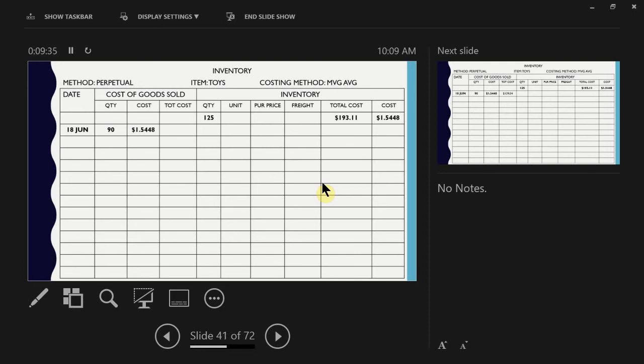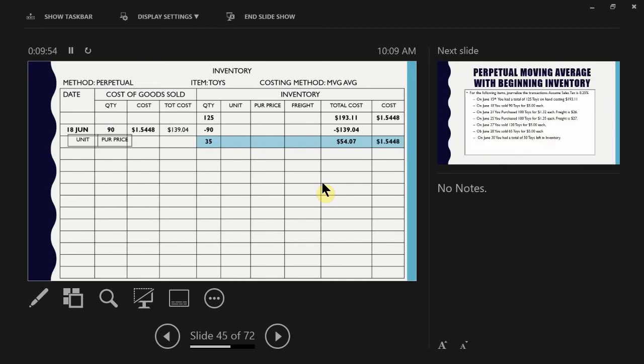All right, so here it's $1.5448. Again, we calculate that much, and then we subtract it out, now bringing our new total balance to 35 items left costing me a total of $54.07. And again, I'm going to recalculate my cost per item to reflect that it is now 1.5448. So here it didn't really change.